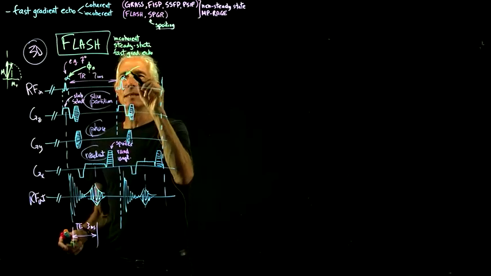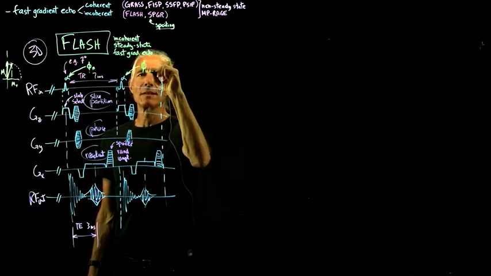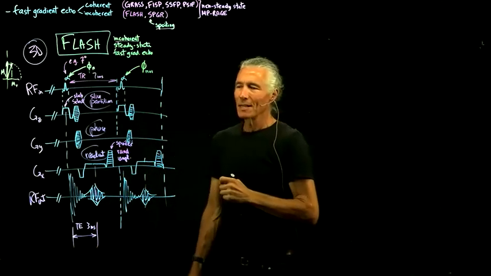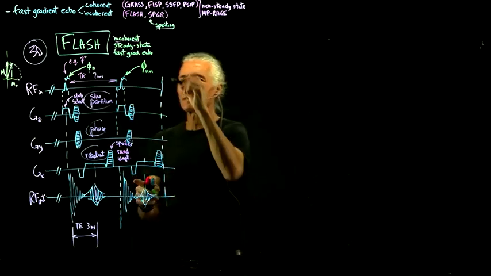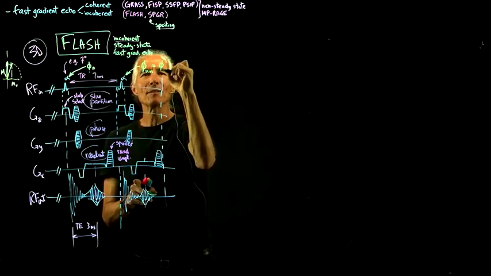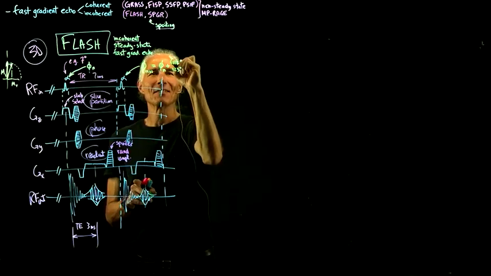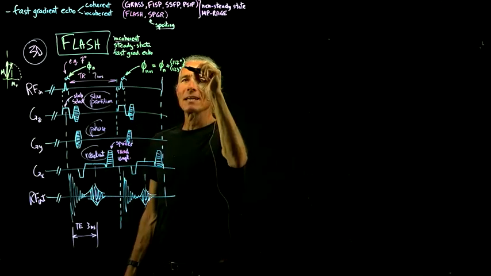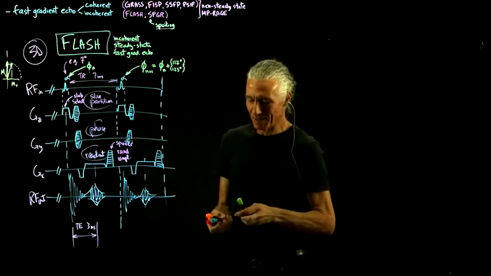If you do a bunch of equations, it turns out the best way to spoil your transverse magnetization is to stimulate with whatever the phase was last time plus either 117 degrees or 123 degrees. One of those. If you do that, you have the best chance of messing up and spoiling your phase from the previous one.